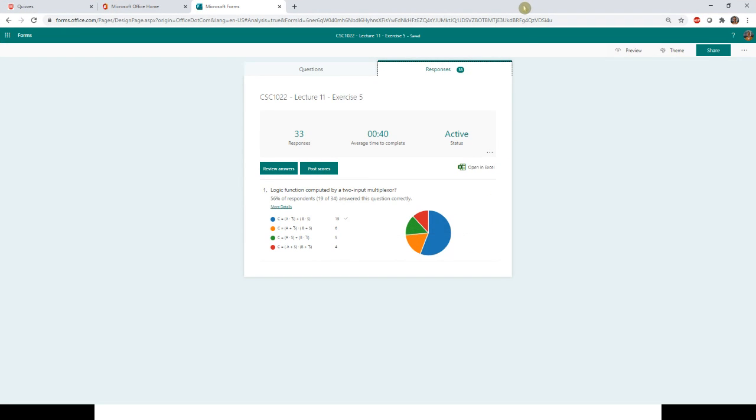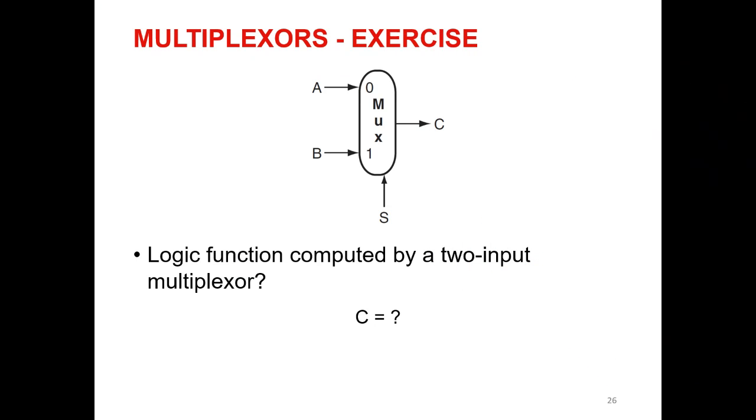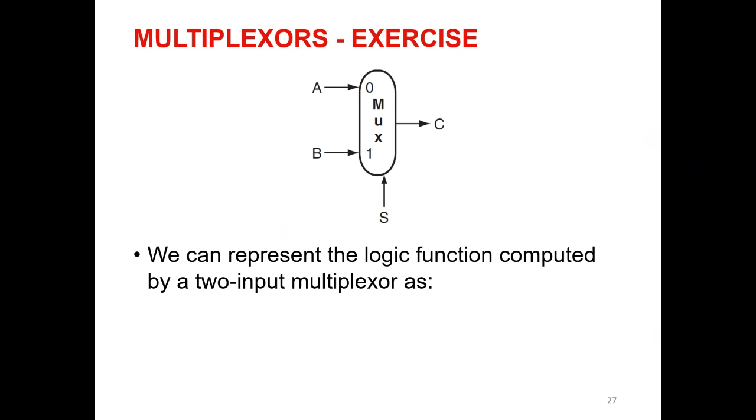We are going to see why that is the correct answer. We can represent this two-input multiplexer using the following logic function. We will have 3 inputs, A, B, and S. In this case, S selects A or B. It selects A if S is 0. So if we have A and not S, this will have the value of A if S is 0.